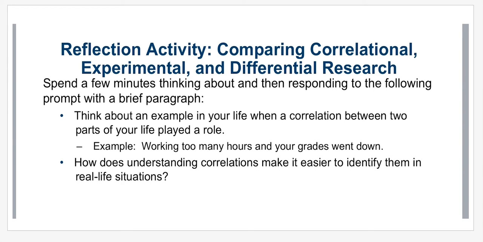If you can think of two variables, two things in your life that as one increases, the other increases, or as one decreases, the other decreases, or as one increases, the other decreases, and vice versa, that's a correlation, right? That in essence is what it is. So hopefully thinking that through helps you understand correlations a little bit more.